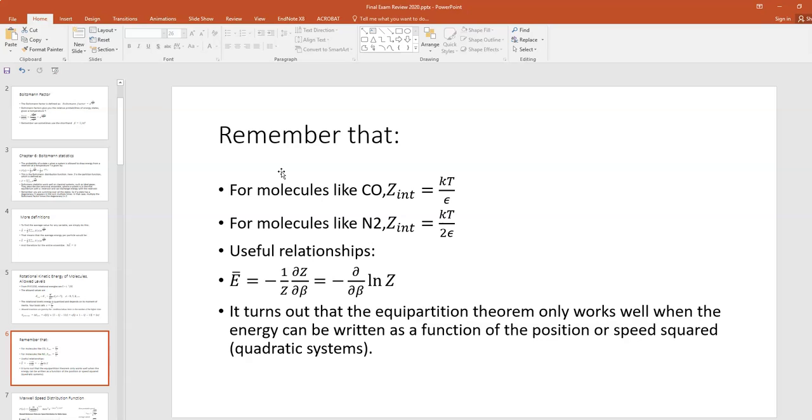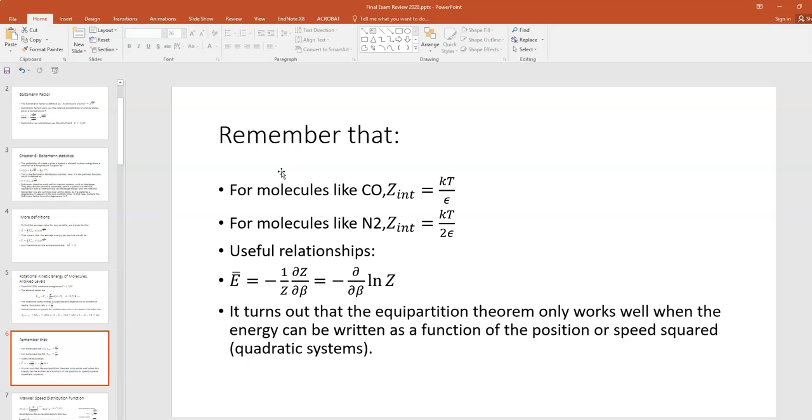We also derived in class some useful relationships that we used many times in various derivations. And that's that E bar, the average energy per particle, is equal to minus 1 over Z times partial of Z with respect to beta. And that's also equal to minus partial with respect to beta of the natural log of Z. Okay?